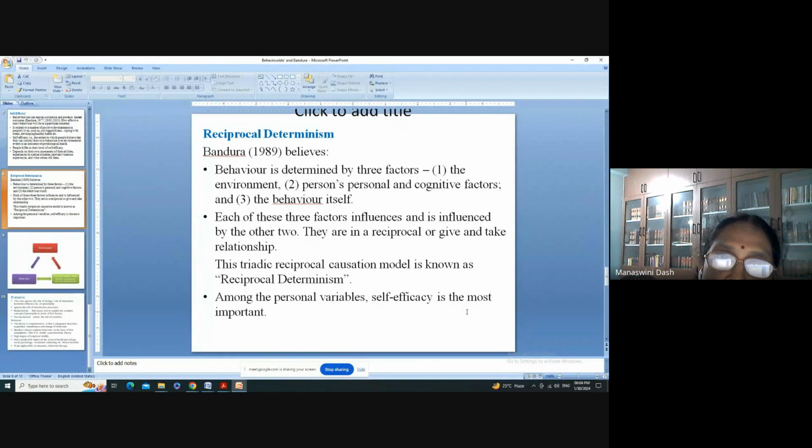Each factor is reciprocally related. Each factor is in a reciprocal or give and take relationship. Each factor is influenced by as well as influences the other two factors. That's why the model is known as the reciprocal determinism model.